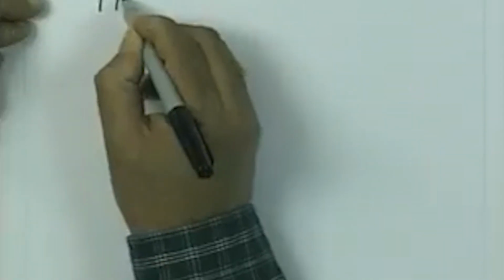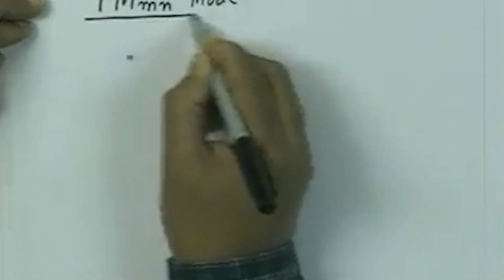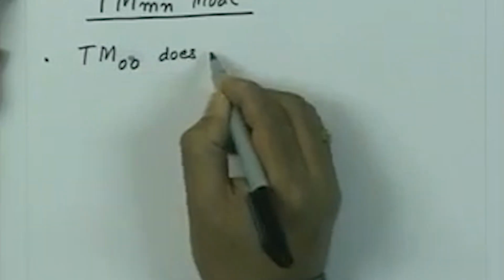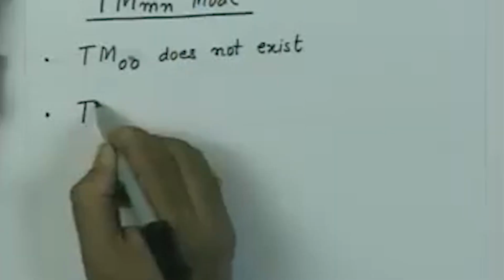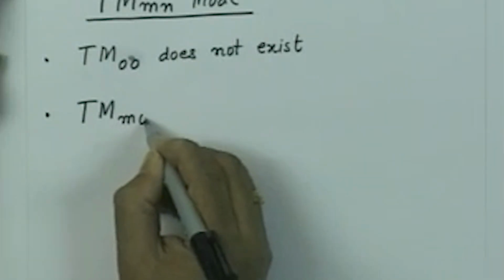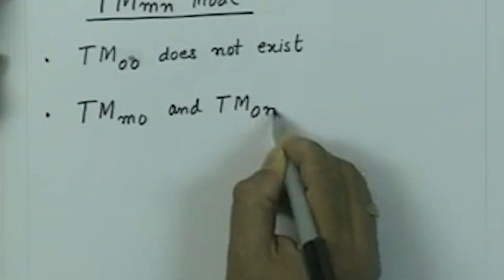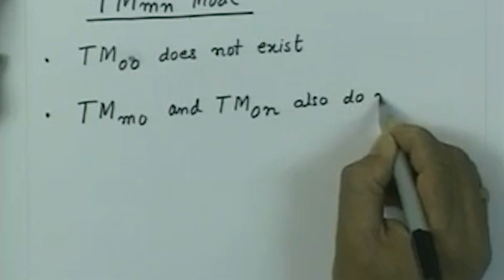So, now we have some important conclusions drawn from this analysis for the transverse magnetic mode. So, we have a TM MN mode. The first conclusion which we have is TM 00 does not exist. We also conclude that TM M0 and TM 0N also do not exist.